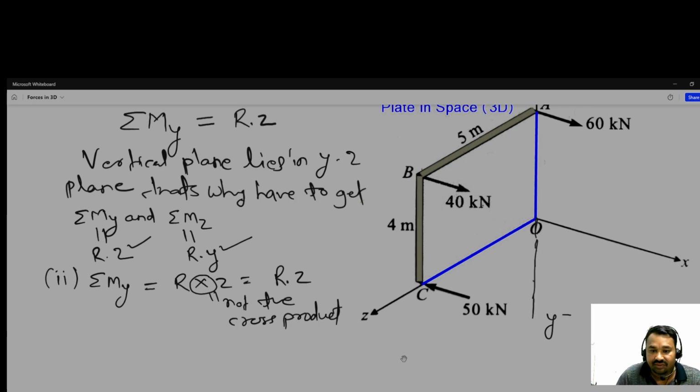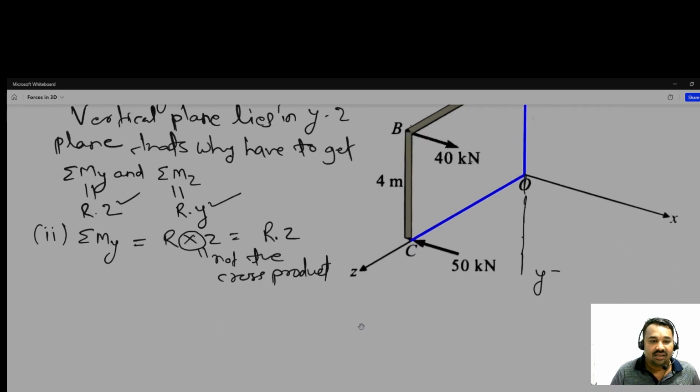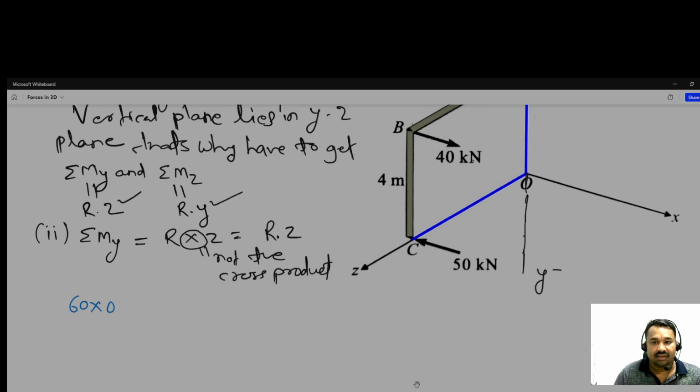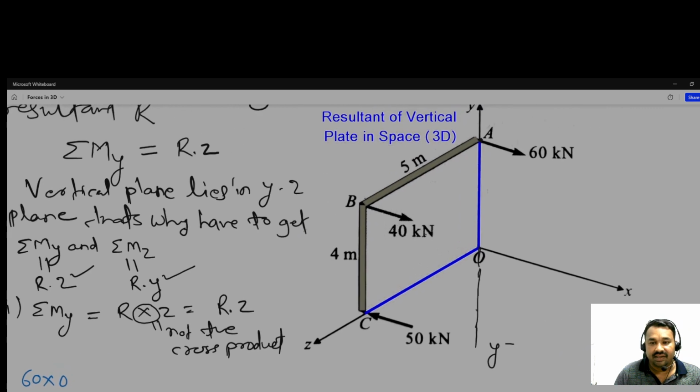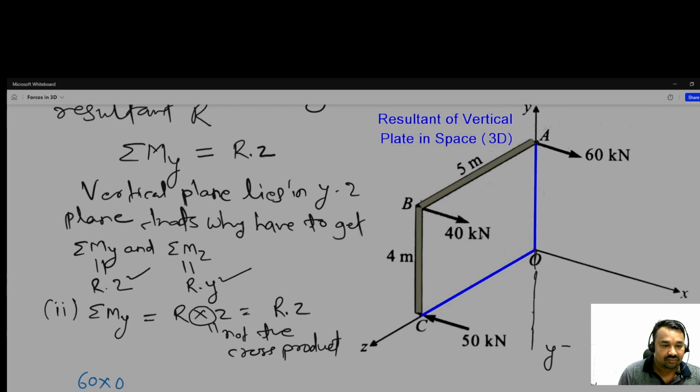This 60 kilonewton is passing through the point A, and it is in the y direction. So we will not get any perpendicular distance, so here we have 60 into 0. And suppose we are taking the moment about y, and this is clockwise, so taking clockwise as minus, that's why it is minus.